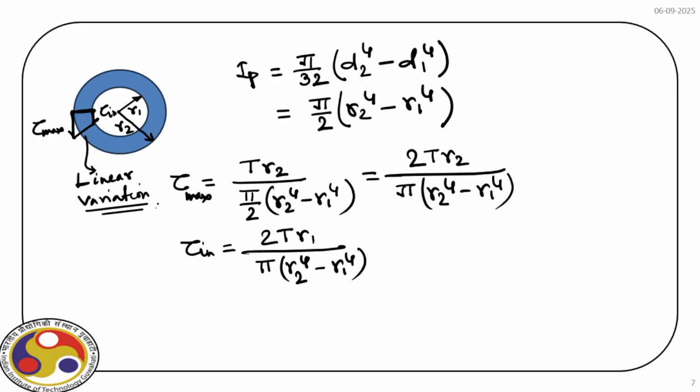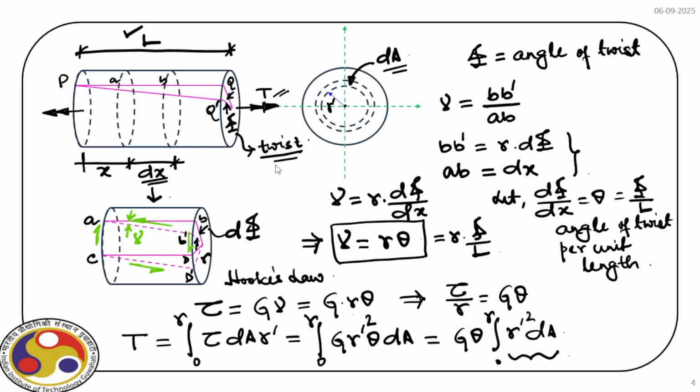So in our next lecture, we will extend this formulation for non-uniform torsion, because today we have considered uniform cross section throughout the length of the shaft. Now in reality we mostly have shafts of non-uniform cross section, and for that we'll see how we can extend this theory and find out the relation between the torque applied and the stress developed.